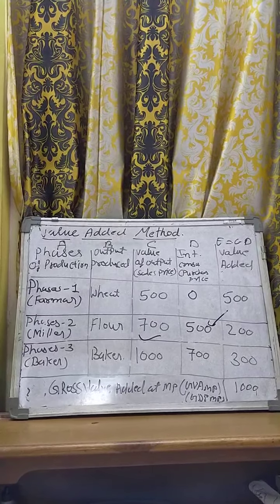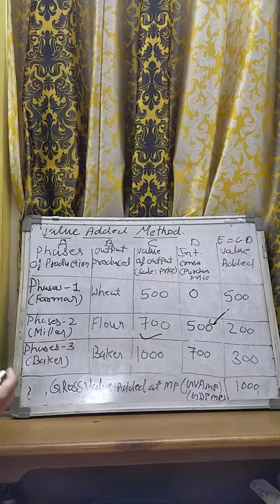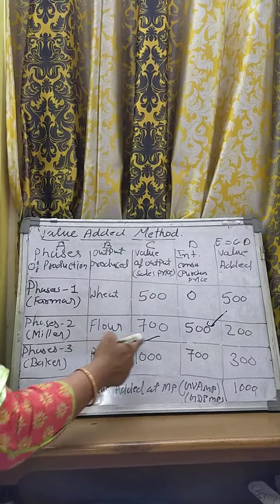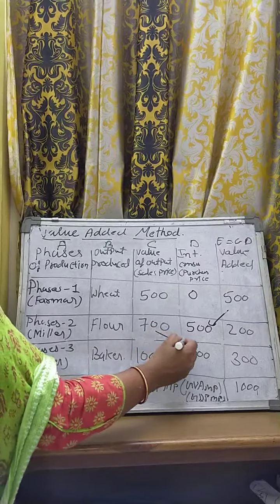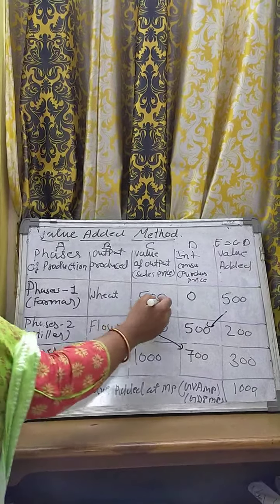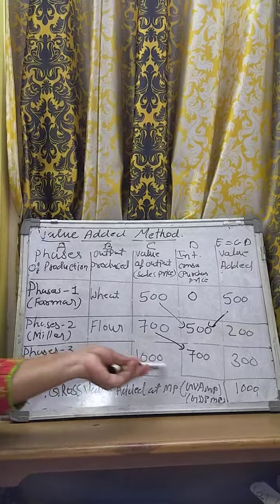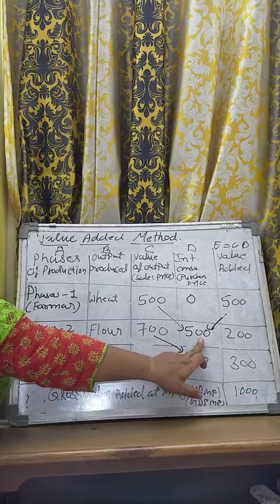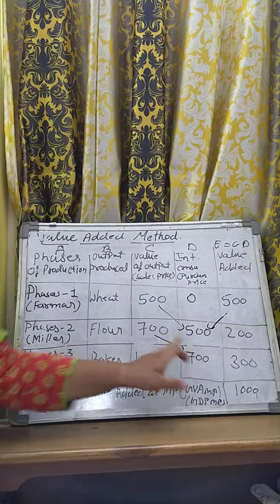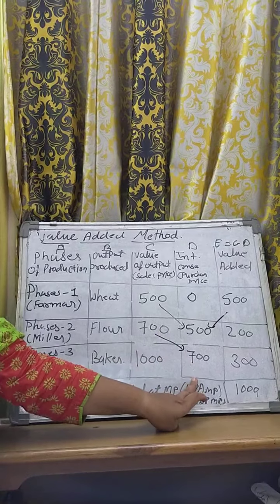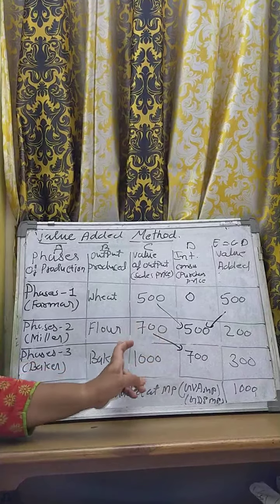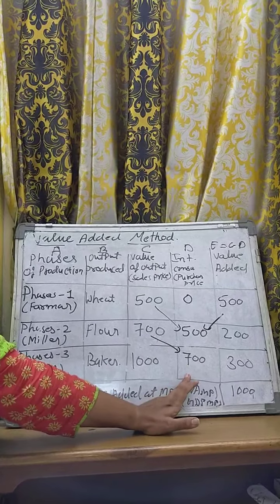Now third phase, baker. Now the baker's purchase price is 700. How much did the baker get this for? For 700. Here 500 and here 700. Now what is the selling price? The selling price of the previous phase becomes the purchase price for the next phase. So now the baker takes the flour from the miller for 700 rupees.